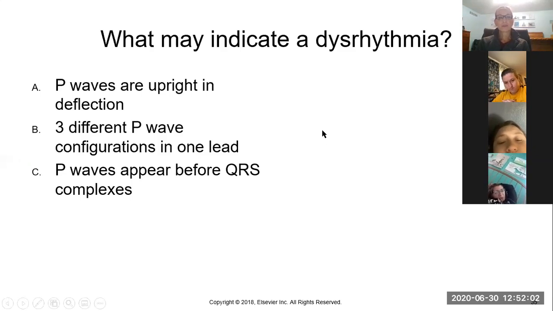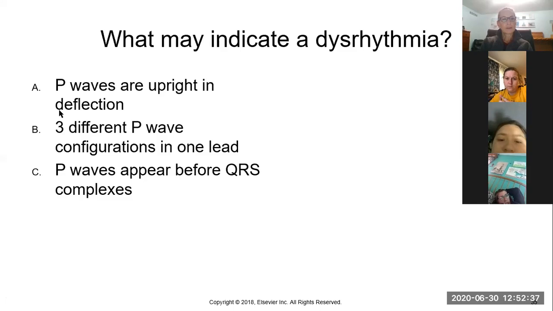What may indicate a dysrhythmia? So we've already reviewed this early on. You've got P waves that are upright in deflection. You've got 3 different P wave configurations in one lead, or P waves that appear before a QRS complex. Okay, so let's talk about that.